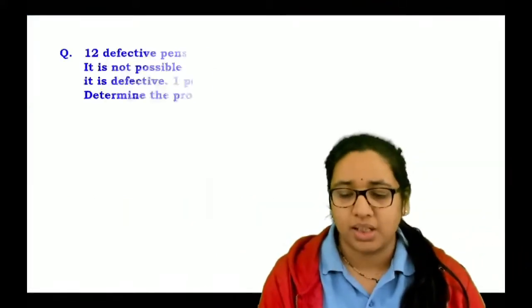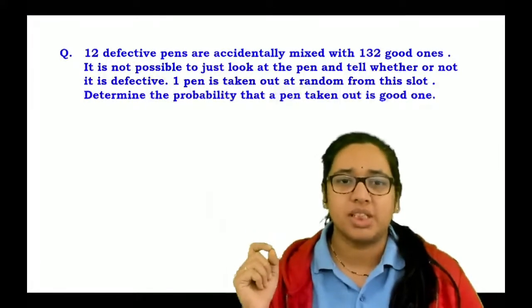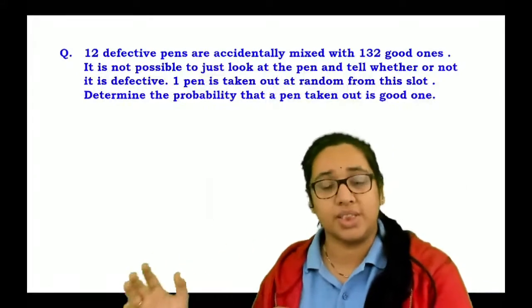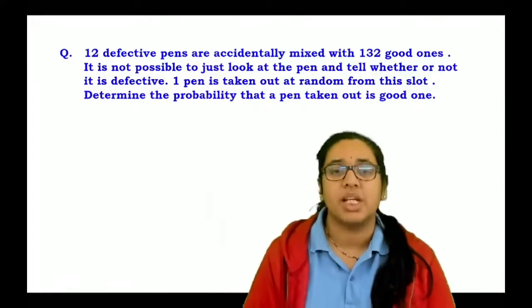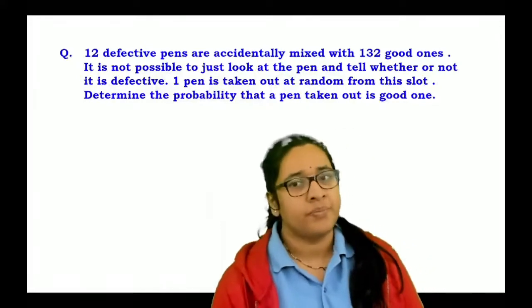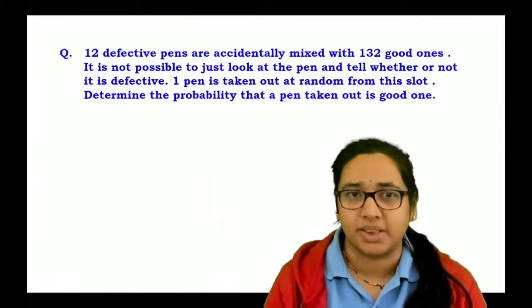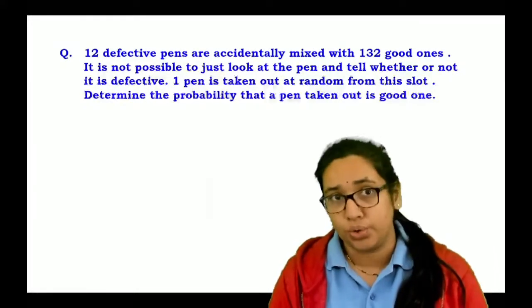But we know that if we have to solve questions from probability, the first thing is that you should know the value of n of sample space. What is the total possible outcomes? And after that, we go through the favorable outcomes. Here we have the question: 12 defective pens are accidentally mixed with 132 good ones.